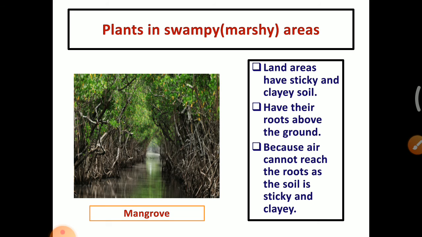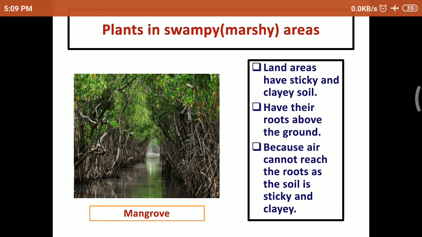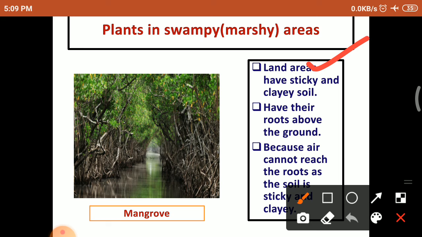The next one, plants in swampy or marshy areas. These areas have sticky and clayey soil. If you take some land area, the soil is clayey and it also has sticky features.